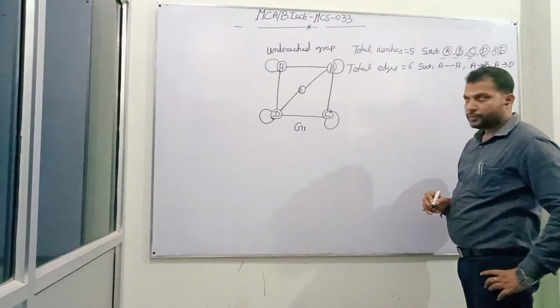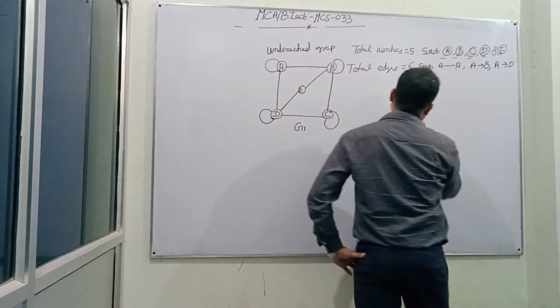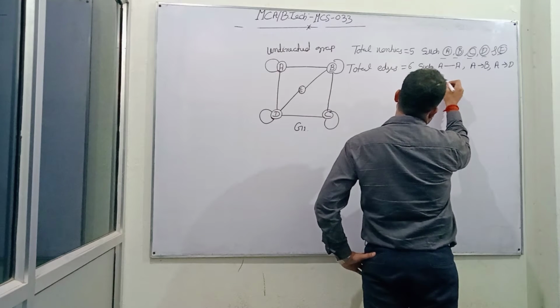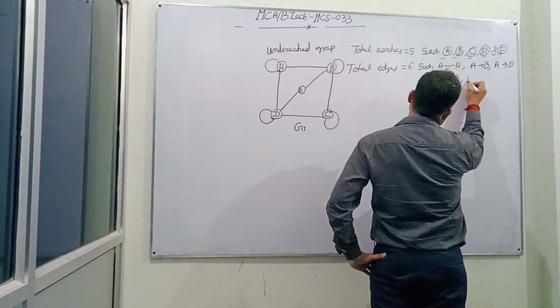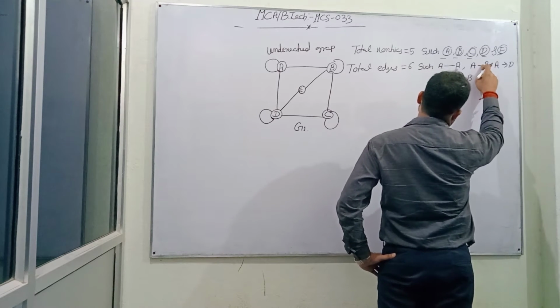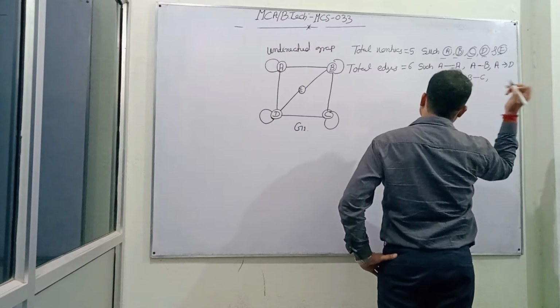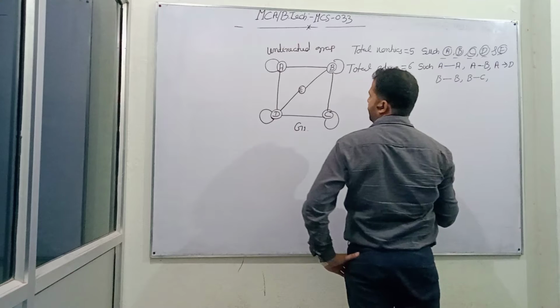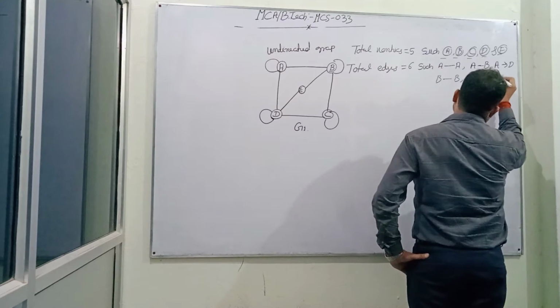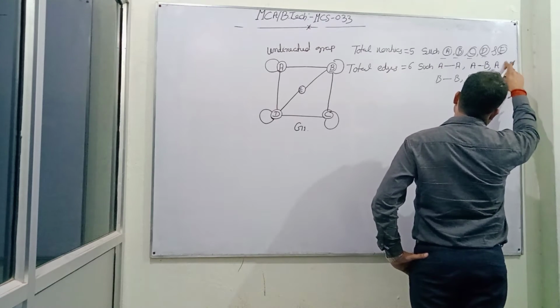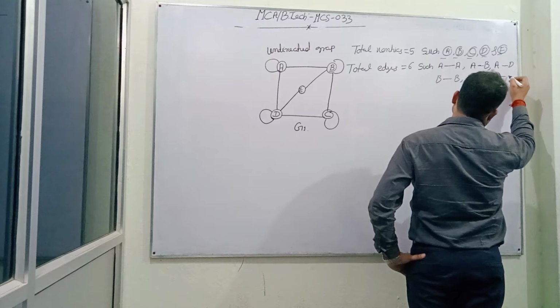No. Similarly, we will construct B to B, B to C, B to E. We will not give directions, class, because this is an undirected graph.